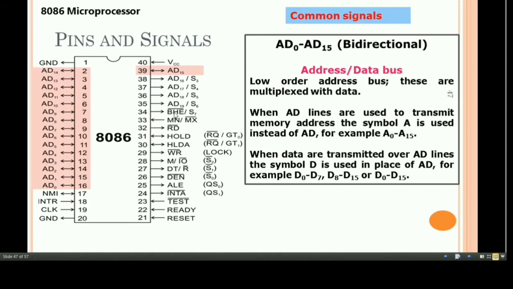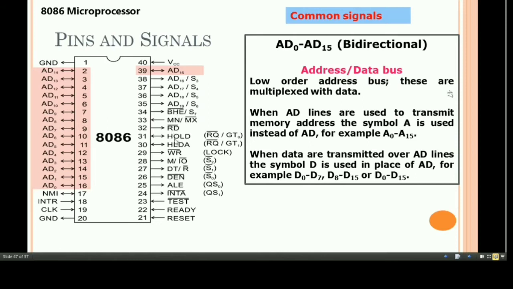So if the address and data bus is not multiplexed, then for address bus we require separately 21 pins, and for data and signals we will require separate 21 pins. So total pins, by including only address, data and status pins, is nearly equal to 42 pins.